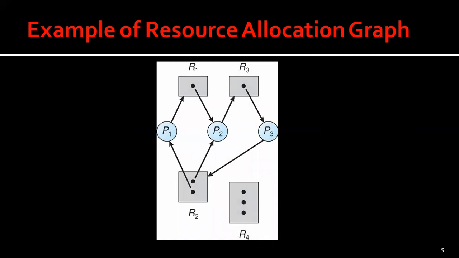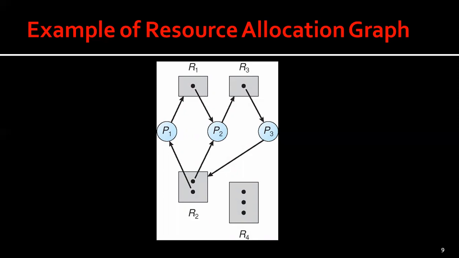So the process P1, which is holding an instance of a resource of type R2, is waiting for an instance of R1.